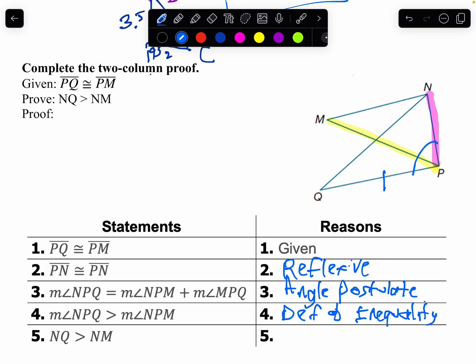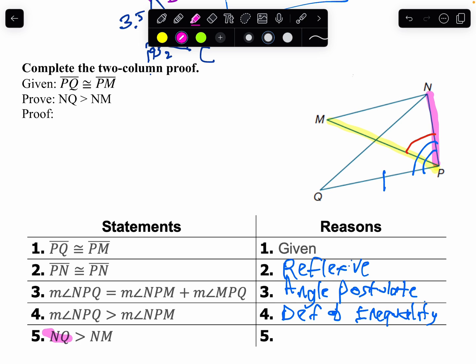So I'm going to say NPQ, my big angle, I think I'll put two arcs on that to show it's bigger, is greater than NPM. I've got the ability to use colors there. So then that tells me the side opposite angle NPQ, NQ, is bigger than the side opposite angle NPM.